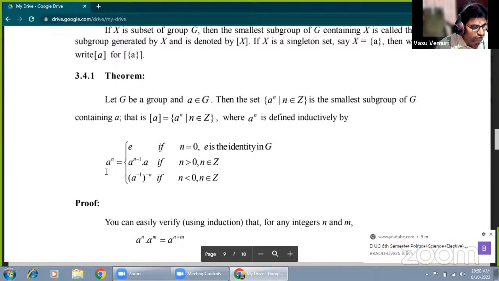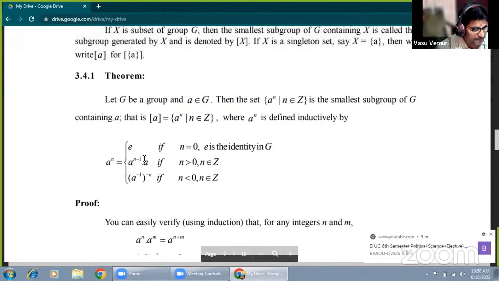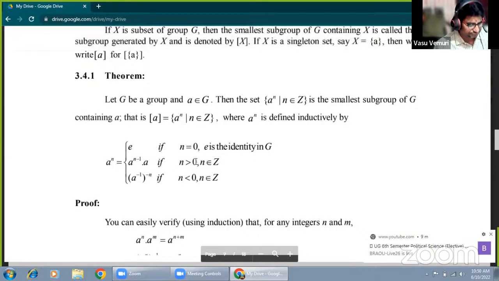Suppose a power n equals e when n equals 0. When n is greater than 0, a power n can be written as a power n minus 1 into a. Suppose n is less than 0, then it is a power minus 1 whole power minus n. Just observe here that minus 1 is also there.